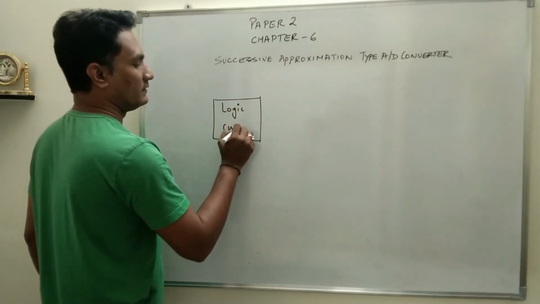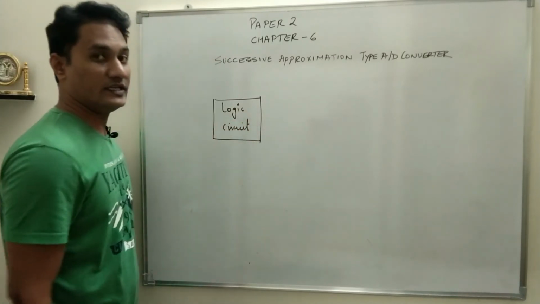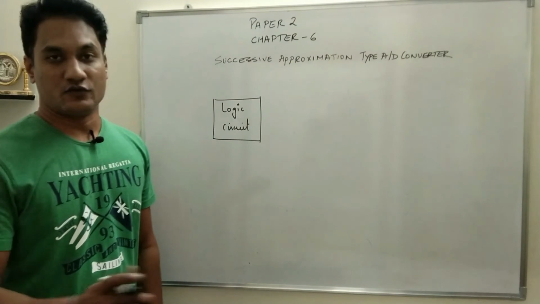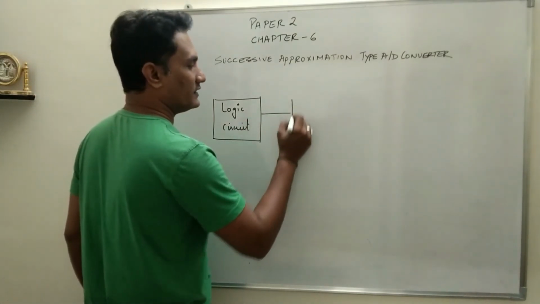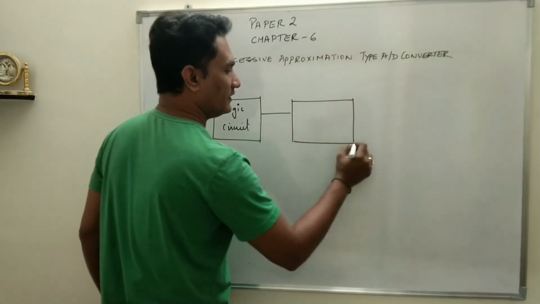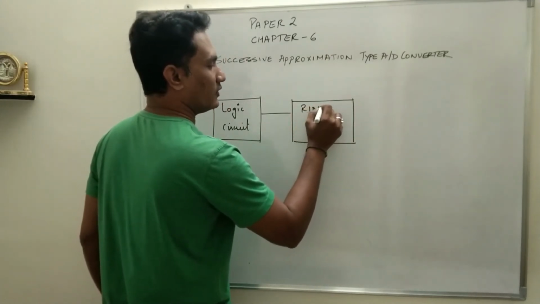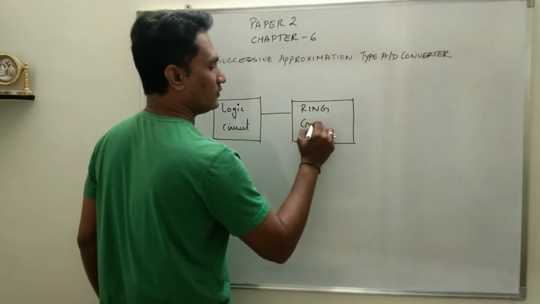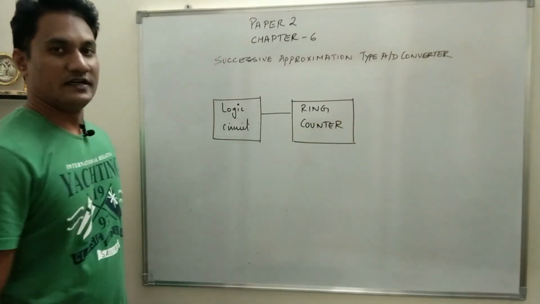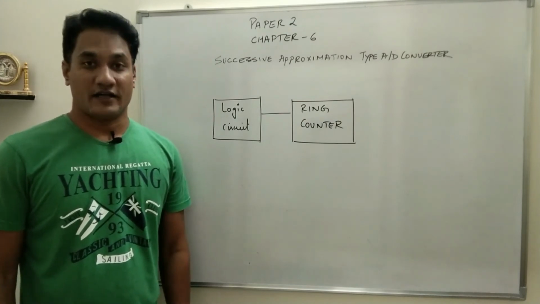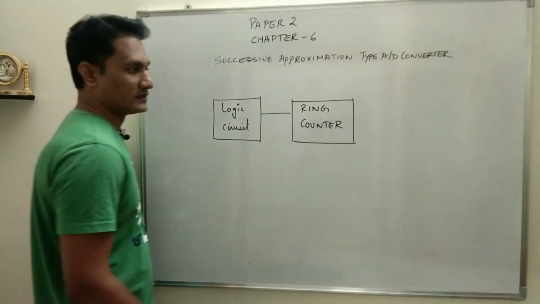This circuit will decide whether to keep that 1 as it is or transfer that 1 to the next lower place. The output of this is given to a ring counter, which we have studied in chapter number 5 under the heading of counters.